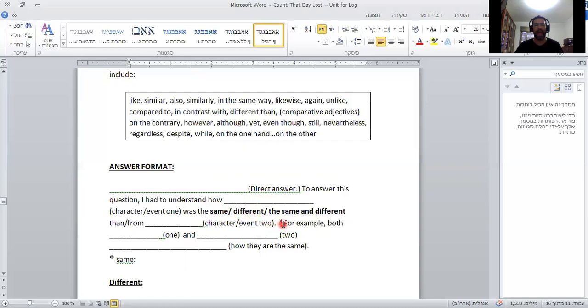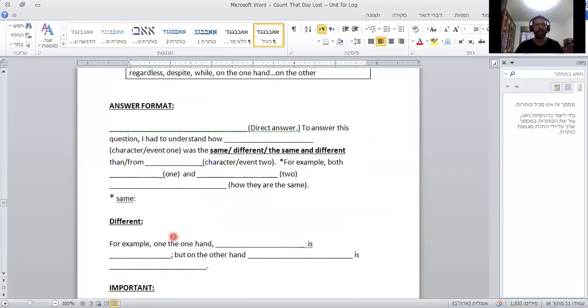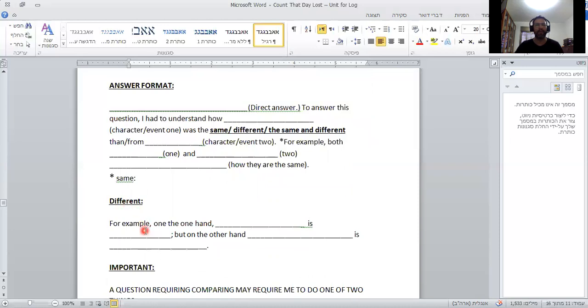Now, you notice this asterisk here? So basically what I'm going to do here, I'm going to go to the different. For example, on the one hand, the apple grows on a tree and belongs to the rose family.